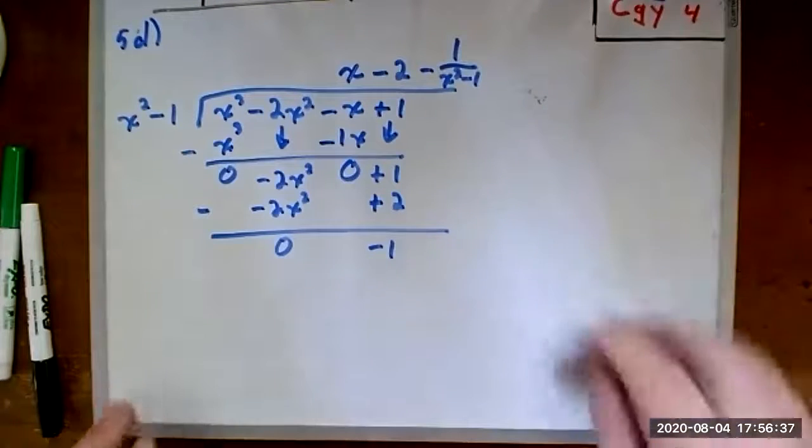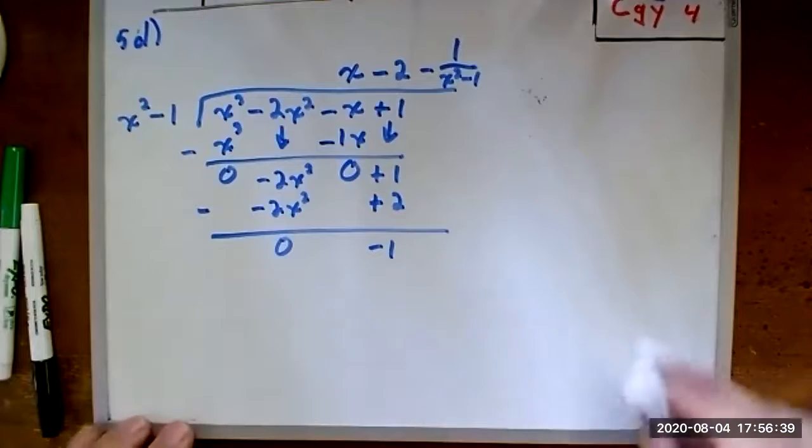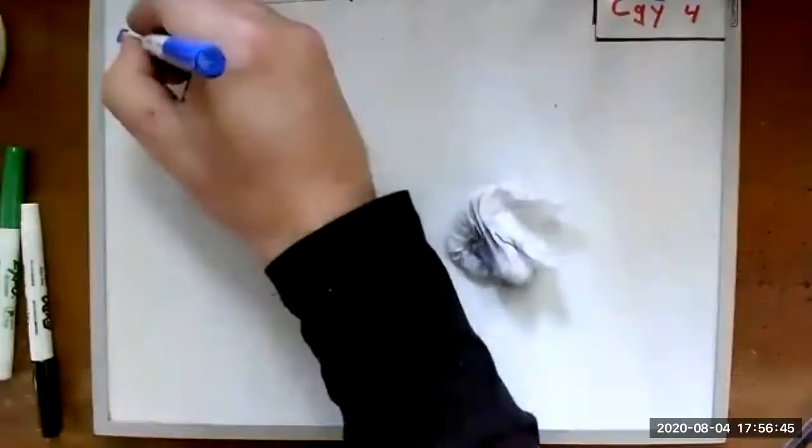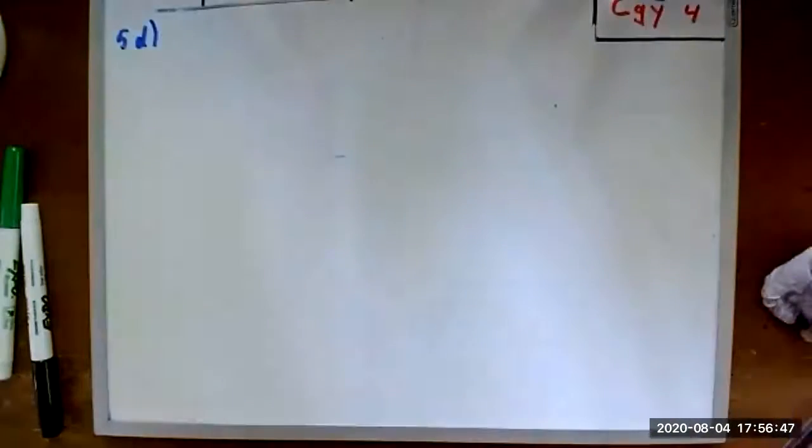Okay, 6D. Factor out any common factors. Okay, and with 6D, I can see why it looks a little bit funny.